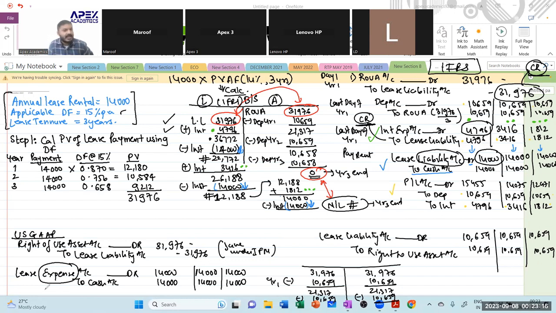Here, lease expense is a pure P&L item. And lease liability is written off and right of use asset is written off. Liability in itself has a credit balance, so the credit item is debited and the debit item is credited to write off the impact. That's all. That's the end of US GAAP accounting for leasing.